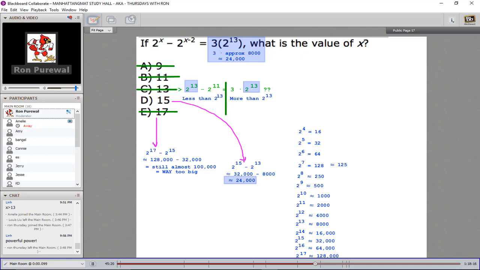So no algebra necessary. You can just do arithmetic again, because that's a thing that you can do. Any questions about that?